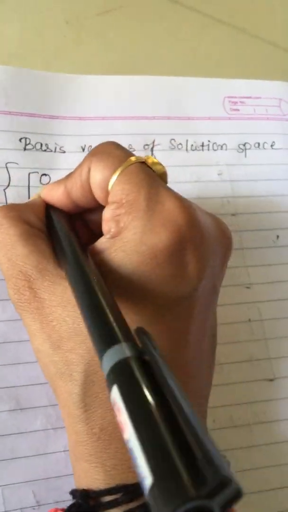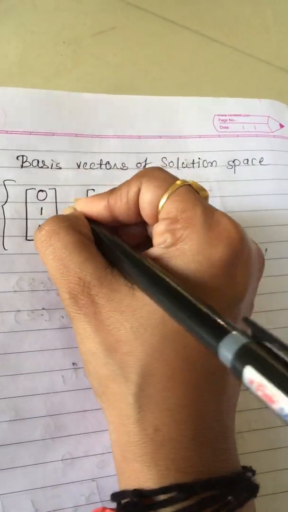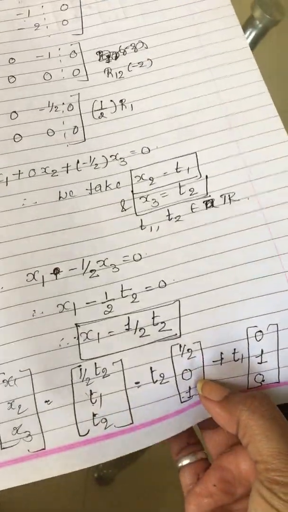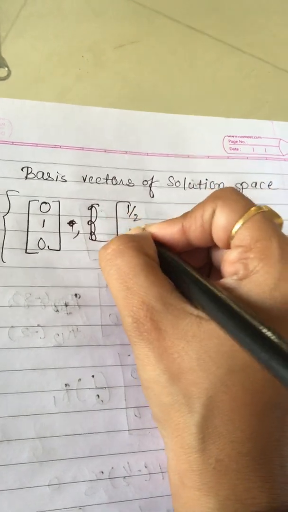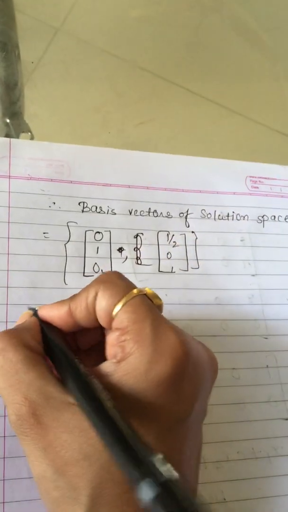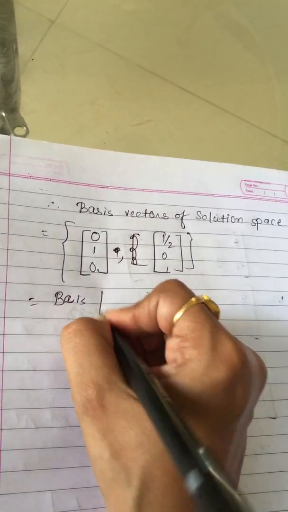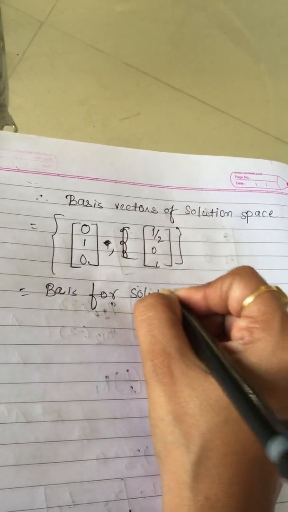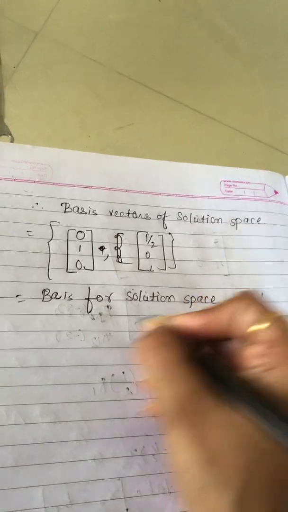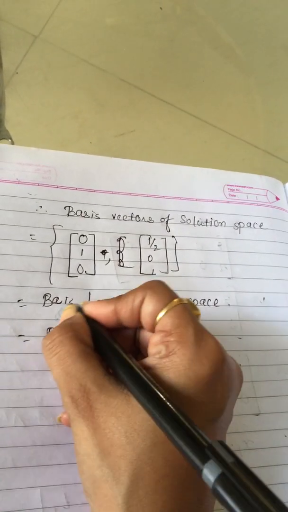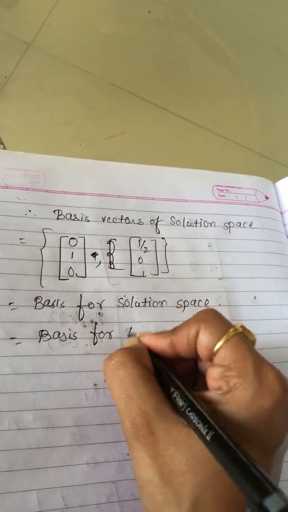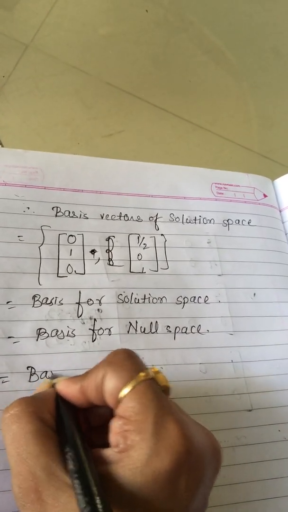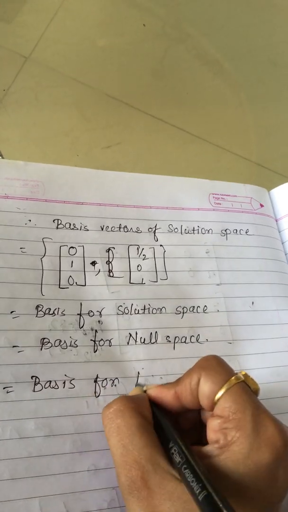So that is 0 1 0, and the second vector is 1 by 2 0 1, which is a basis for the solution space, and which is equal to the basis for the null space, and that is nothing but the basis for W perpendicular.